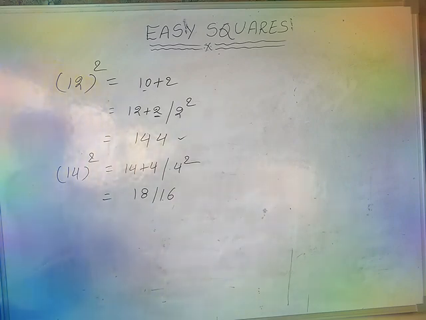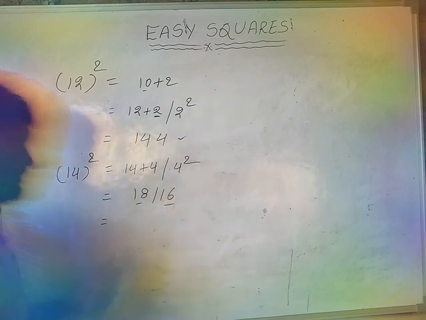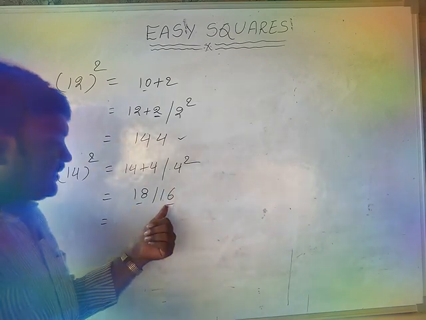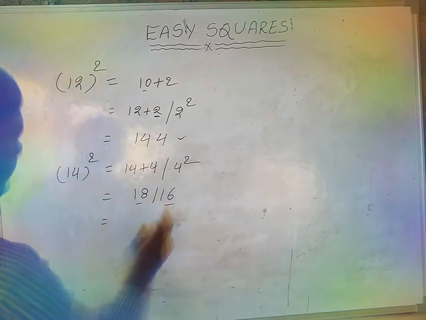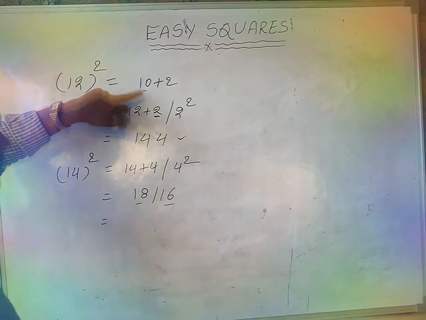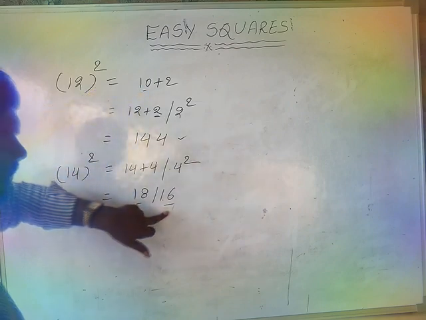But look here, this is the left part and this is the right part. In the right part, the main base is 10, so there should be one digit, but here we have two numbers.